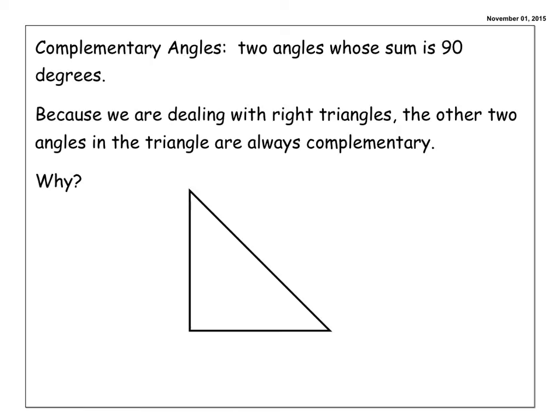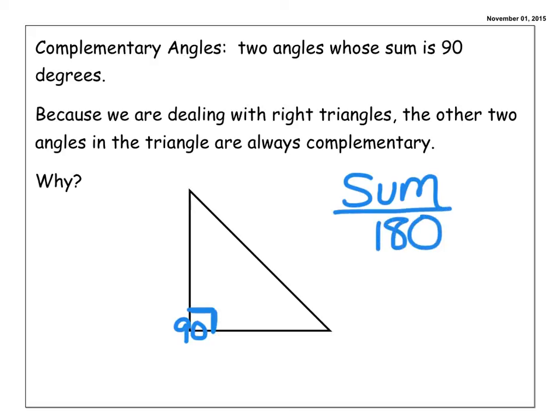Well, let's think about right triangles here. We know that in a right triangle, we have a right angle here, and we know that the measure of that angle is already 90 degrees. Now, we learned in Module 3 that the sum of the measures in any triangle is always 180 degrees.